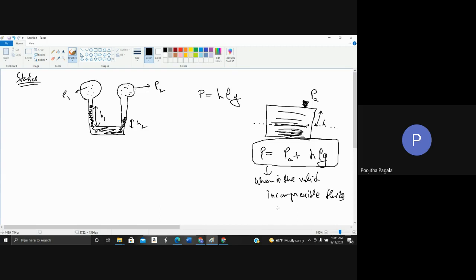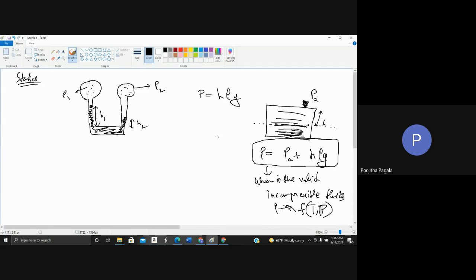What do you mean by incompressible fluids? Incompressible fluids mean that the density is independent of pressure and temperature. That is, the changes in density are very small, even though you have large changes in temperature and pressure.